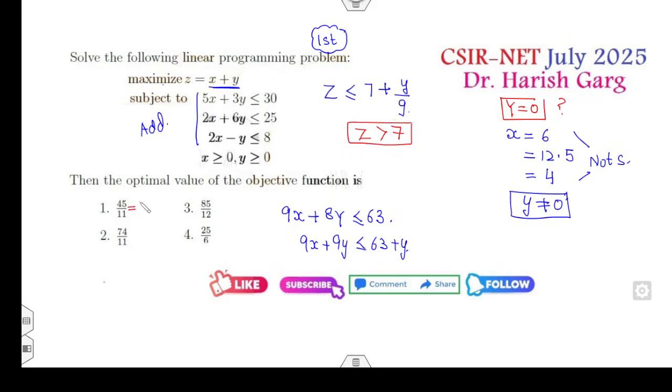Now you can see this answer is 4 point something, this answer is 6 point something, this answer is 4 point something, and this answer is 7 point something, which is the answer of the problem. Fine. You can see it's a very, very simple way. You can discard the options by using simple shortcut tricks.